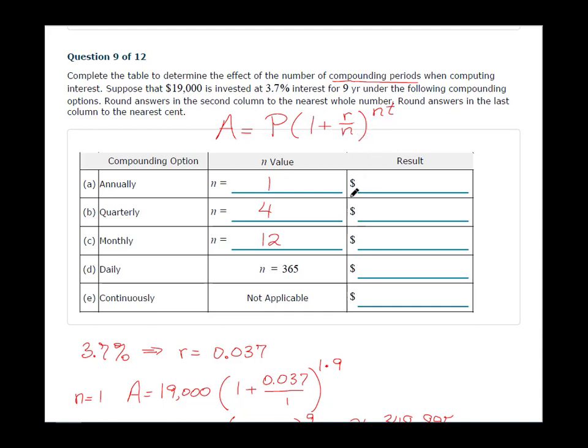So, what do they want me to do? It's going to stay in the bank for 9 years. So that's my T. T is 9. My interest rate is 3.7%. So divide that number by 100 makes R 0.037.